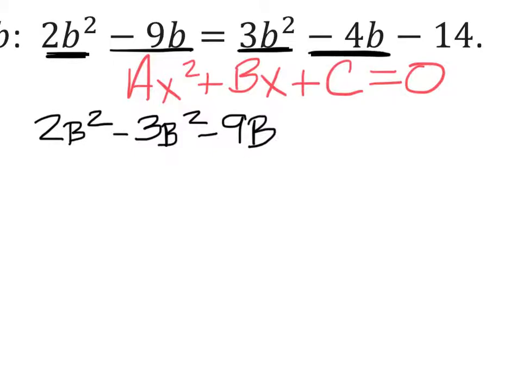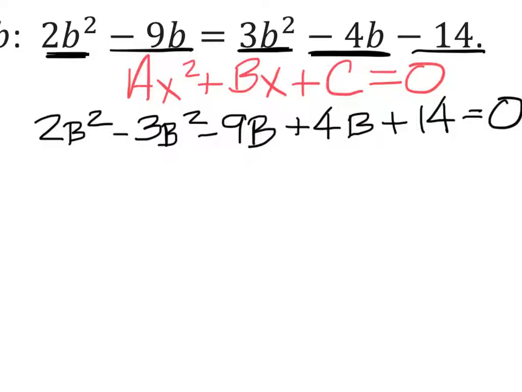On the right, we have minus 4b. It's got to go to the left of the equal sign, so it changes signs. On the right, you have a minus 14. Move it to the left, make it plus 14. So that everything is on the left-hand side.